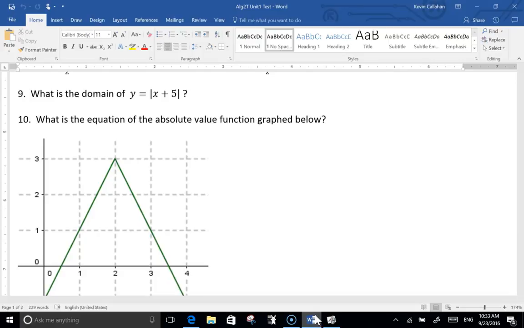The next one was, what's the equation for this graph? First of all, it's a v, so what kind of function is it? It's an absolute value. Second of all, it looks like it's been flipped, so what does that tell you? There's a negative coefficient in front of the absolute value. The sides of the v don't have slopes of 1 and -1.